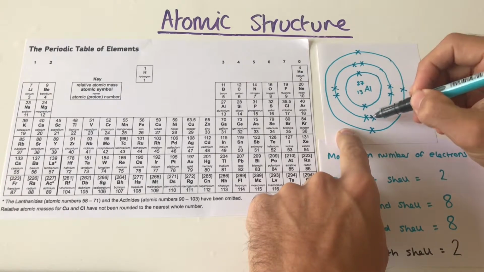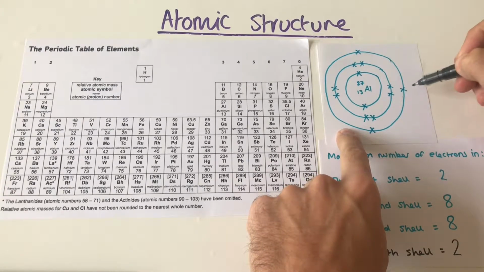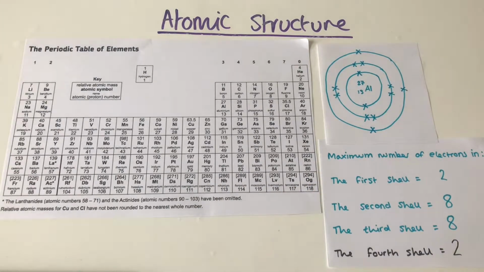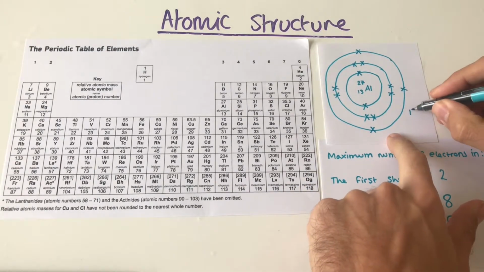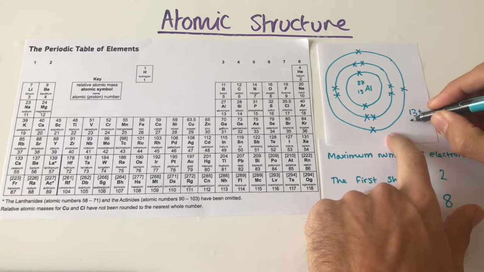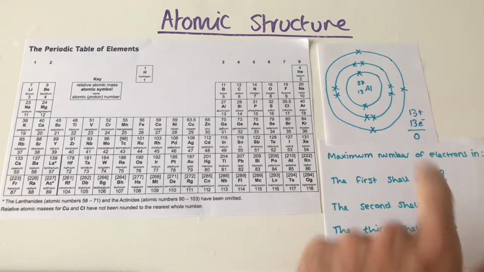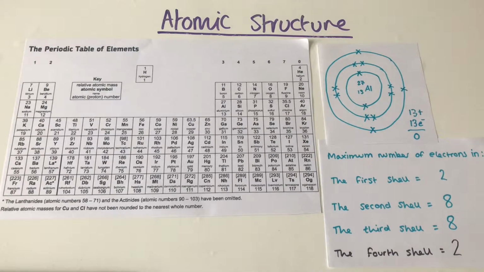So that's 2, 10, 11, 12, 13 electrons for aluminium. Just to review, it's got 13 protons, 13 electrons, so there's no charge for that aluminium atom.